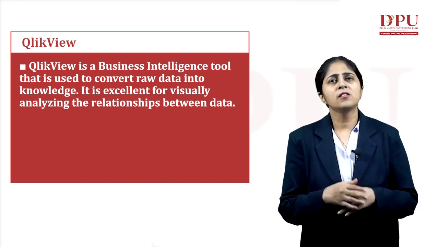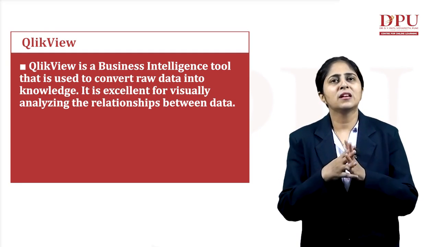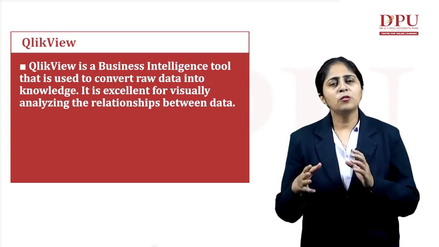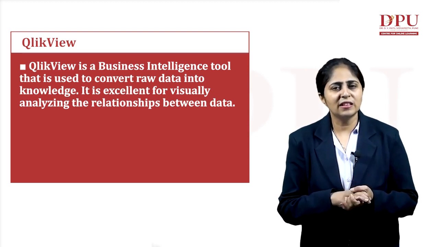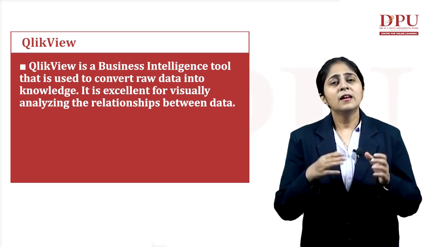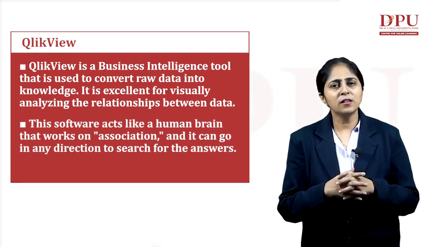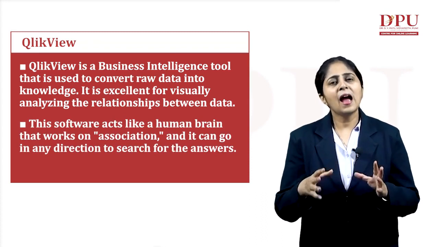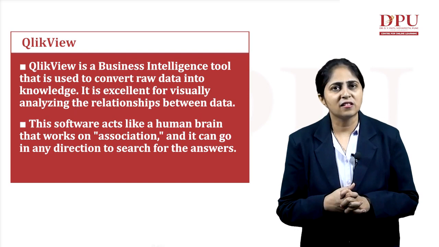It is excellent for visually analyzing the relationship between the data. So whenever you have certain data and you want to analyze the relationship between the data, you can definitely opt for this QlikView tool. This software acts like a human brain that works on association, and it can go in any direction to search for the answers.